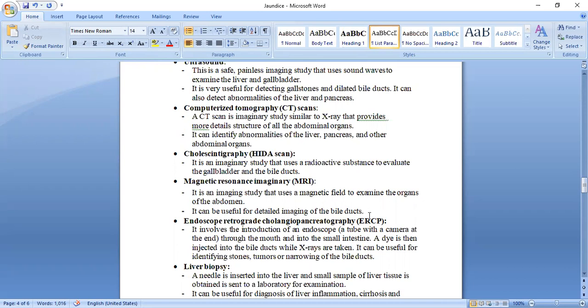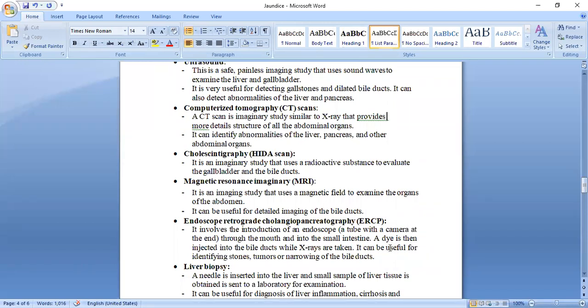We can check them by taking more clear photographs. Next, endoscopic retrograde cholangiopancreatography. Endoscope means what? A tube with a camera at the end. We insert it through the mouth into the small intestine, and we take the photographs.